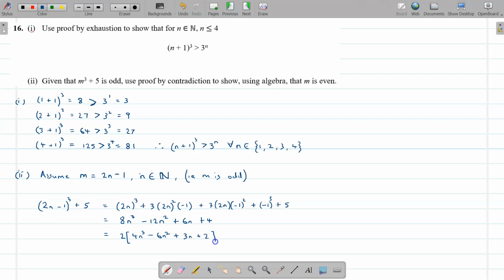The reason I've done that is I've extracted a factor of 2 as a way of indicating that it's even.